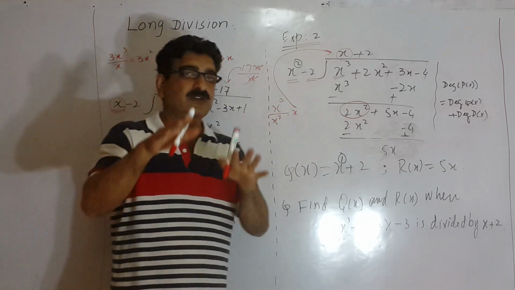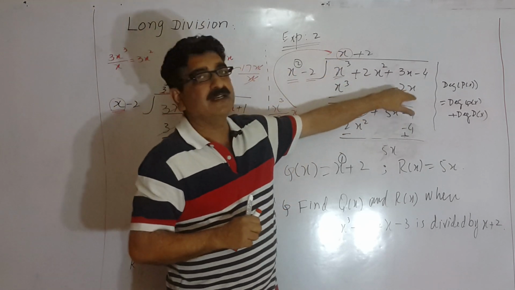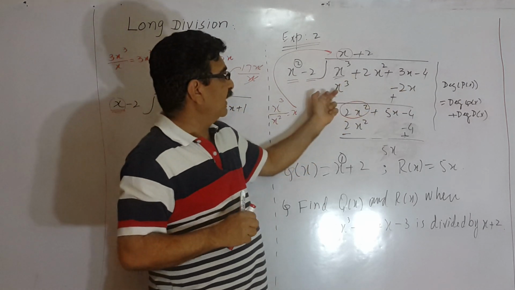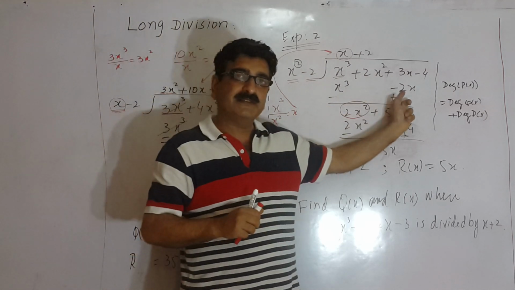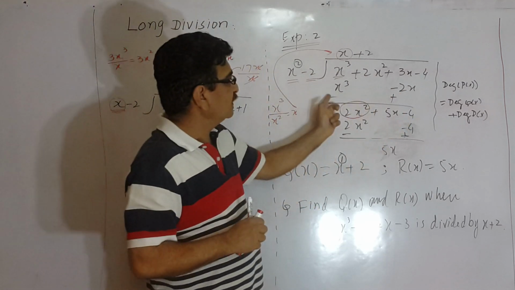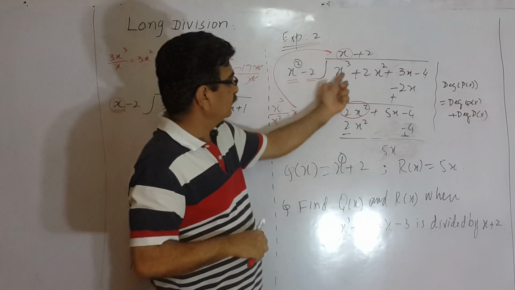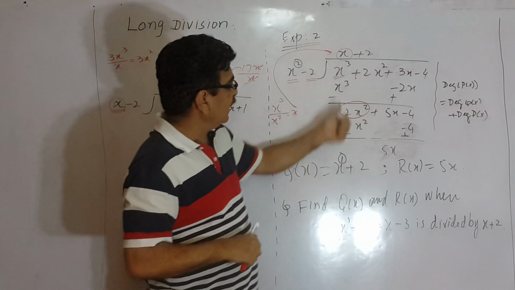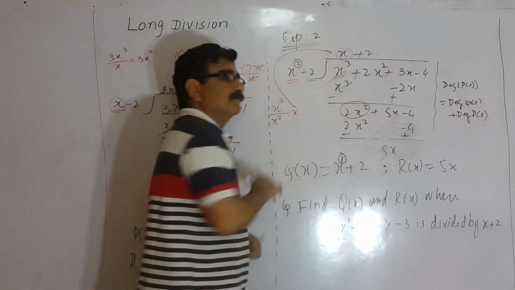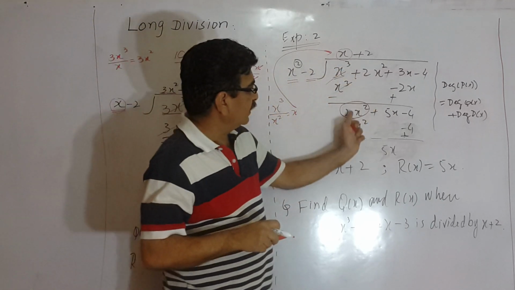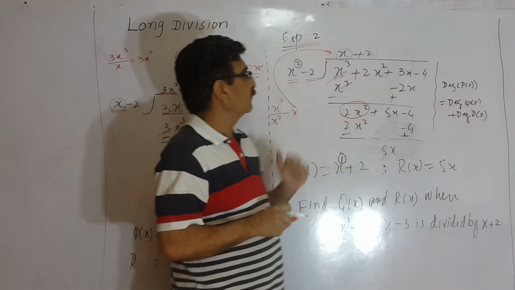And always remember, you have to write after the multiplication with the similar terms: x cube below the x cube and then 2x below the x. Okay, change the signs. Always change the signs. After changing the signs, this is cancelled, and we get 2x square here, 3 plus 2 is 5 minus 4.